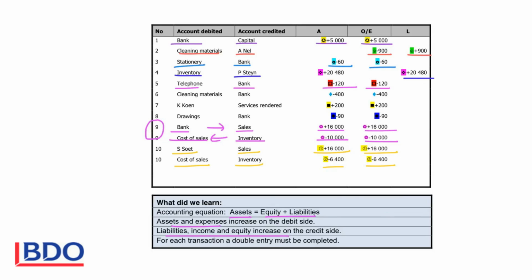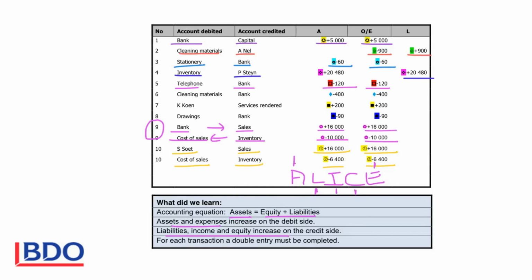So to remember, write down the word ALICE so that it's easy for you to remember which ones will increase on the debit side. The first letter of ALICE and the last letter of ALICE, assets and expenses, will increase on the debit side. Liabilities, income, capital will increase on the credit side.